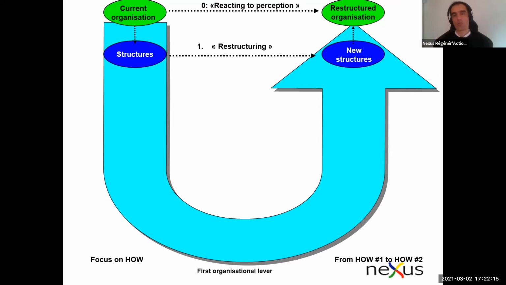Other structural changes can be made, but as you can see here, we're really at the level of the structures. And sometimes that works, but other times the problem just doesn't go away, and we have to look deeper. What could be the source of our problem? Which means that we keep having problems in the way we function. It's not efficient enough. It's mobilizing too many people, whatever the problem may be.